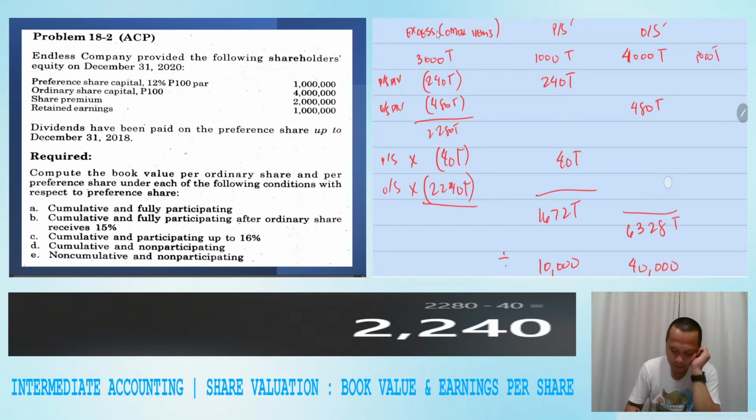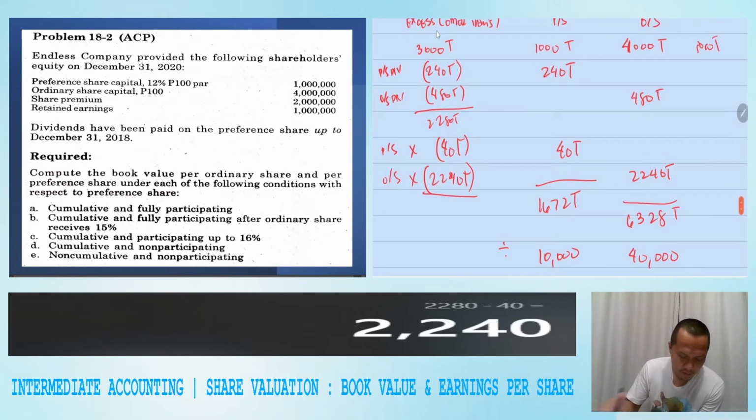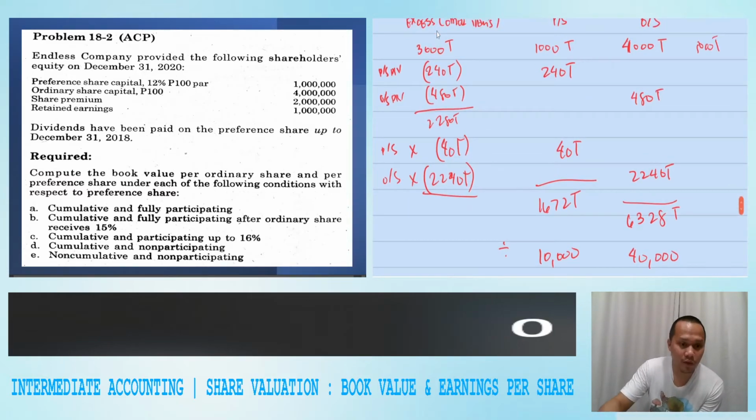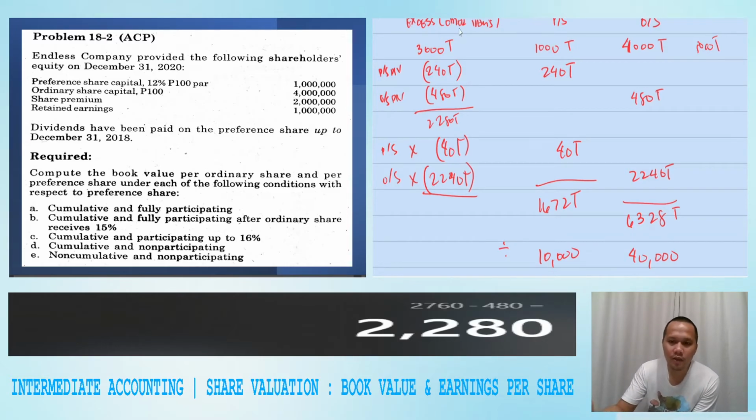Okay? So you got it. Then, same procedure. Wait, I will have to check if that is 2,280,000. 3,000,000 minus 240 minus 480. Yes, correct.